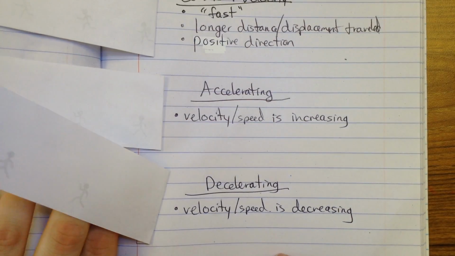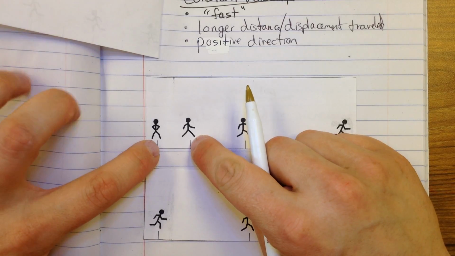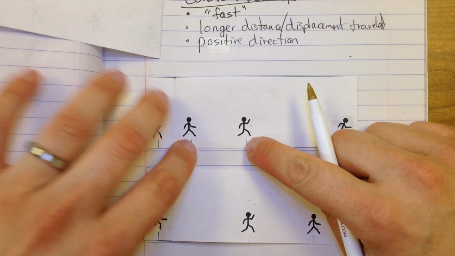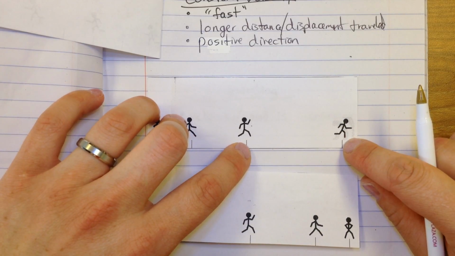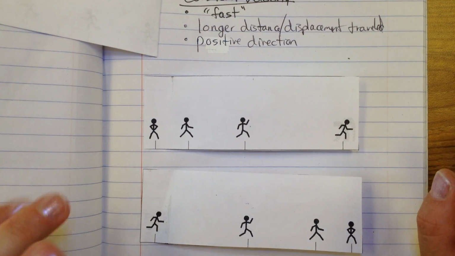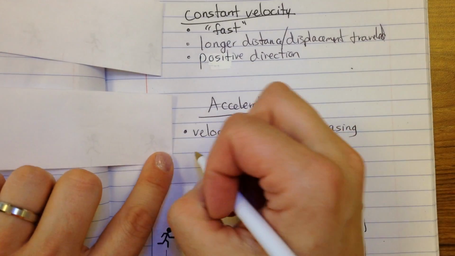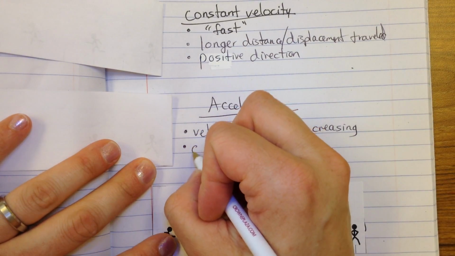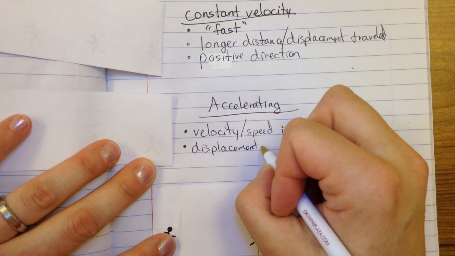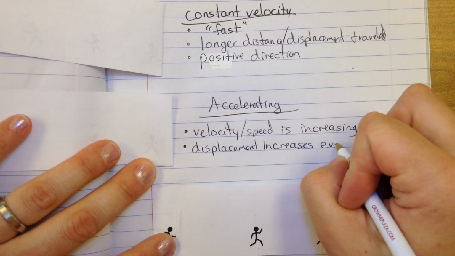Now, let's do a little bit of comparison. Look at the displacement every second. So here's displacement during the first second, displacement during the next second, and displacement during the last second. How can you describe what's happening there to the displacements? If you're accelerating, the displacement increases every second.